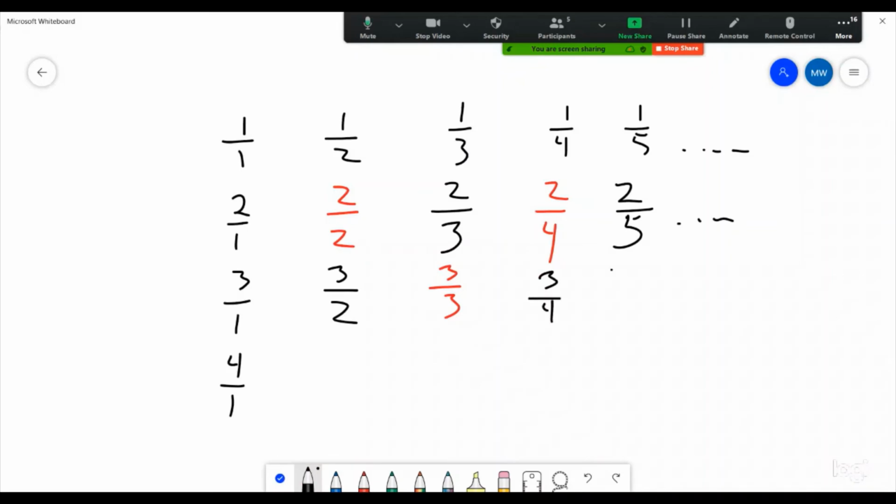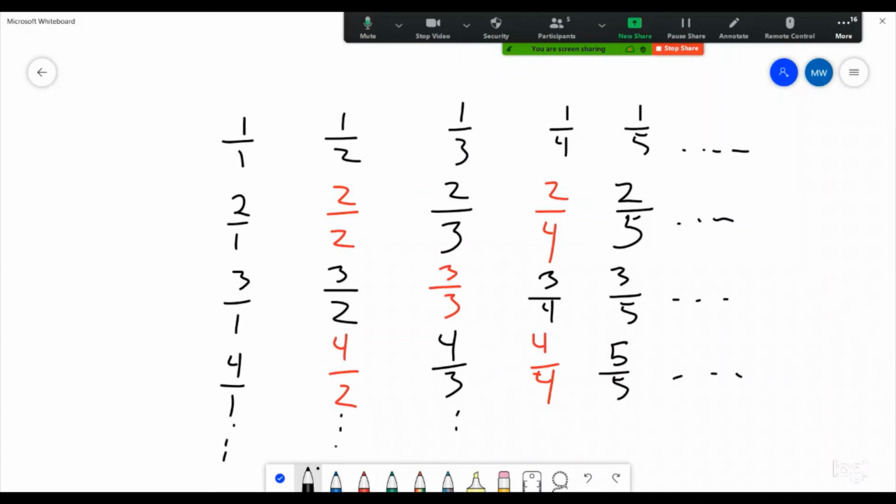Alright, so if we list all of these elements in these different ways that we got them, we have these listings, and the reason I'm writing some of these in red is because some of these are going to be duplicates.